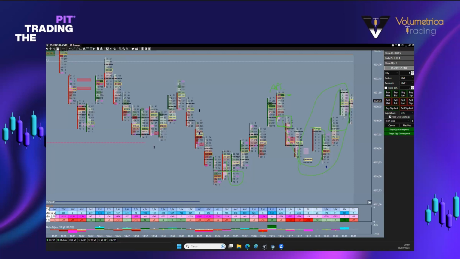Well, that means that that side or that price tick wasn't traded. So if we have a double zero like here, it doesn't really mean anything.